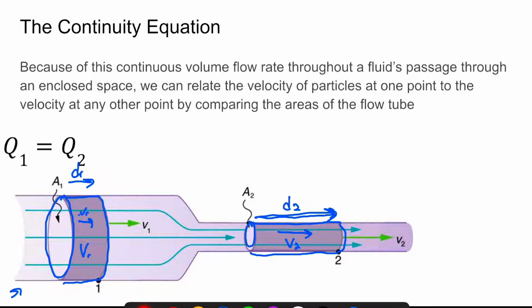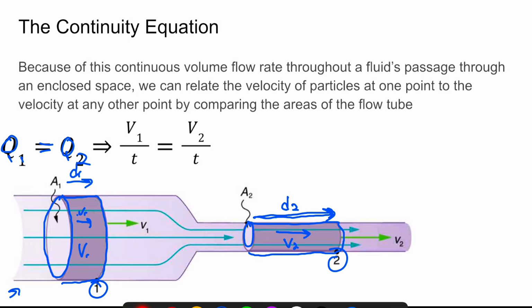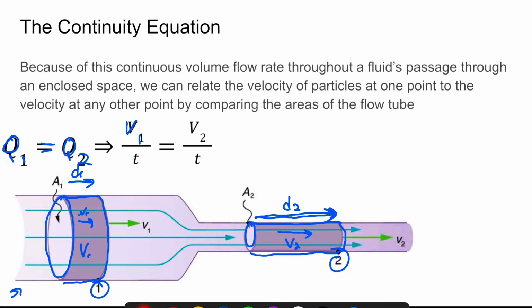So if we look at the math here, we know our flow rate at point 1 is going to equal our flow rate, or Q, our volume flow rate at point 2, right? Since we know that our flow rate is volume over time, our volume of liquid flowing through point 1 per unit time will equal our volume of liquid flowing through point 2 per unit time.